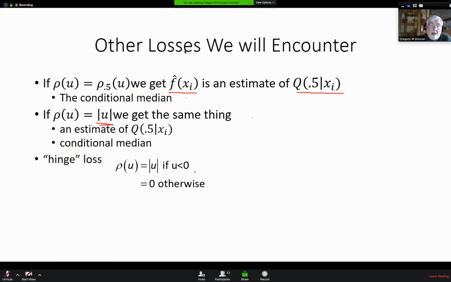So I could call rho of u equal to minus u if u is less than 0, and 0 otherwise. If you plot that with respect to u, you get something that looks like that. It kind of looks like a hinge, and that's why it's called hinge loss.